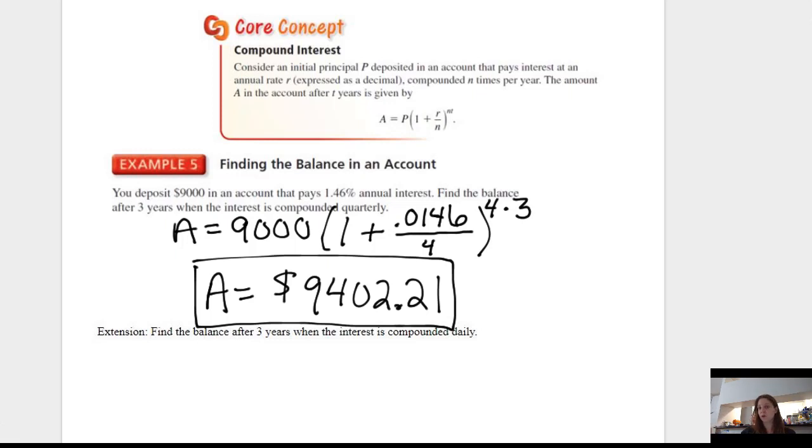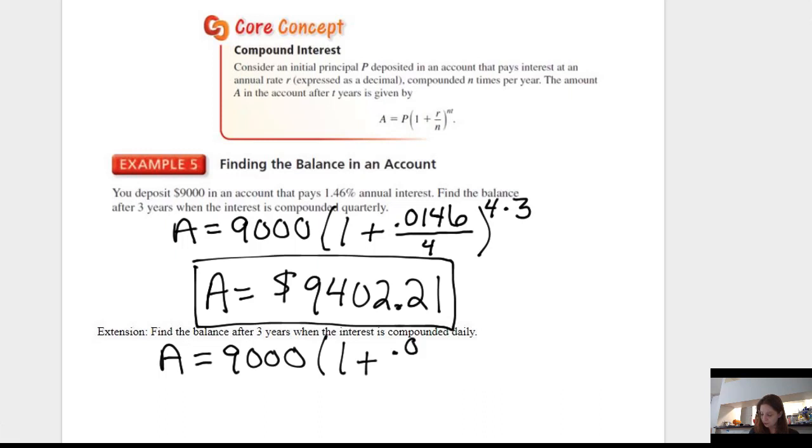So I wanted to give you one more problem where we're going to find the balance in this account after 3 years when the interest is compounded daily. So now instead of compounded quarterly, 4 times a year, compounded daily. And when it's compounded daily, you always use 365 as the number of days in the year. You don't worry about leap years. So we do still start with $9,000.